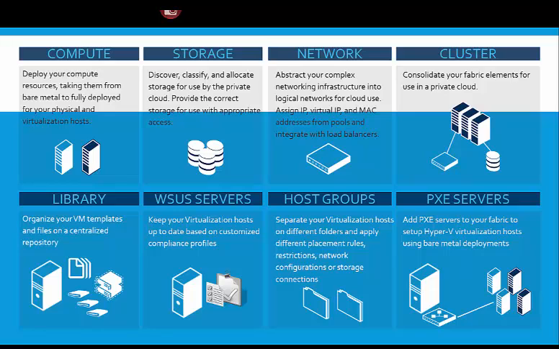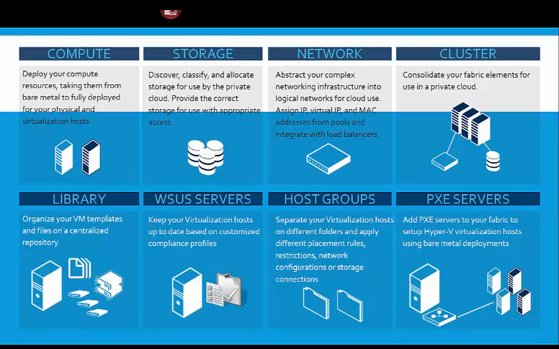Network: abstract your complex networking infrastructure into logical networks for cloud use. Assign IPs, virtual IPs, and MAC addresses from pools and integrate with load balancers. With clusters, consolidate your fabric elements for use in a private cloud.